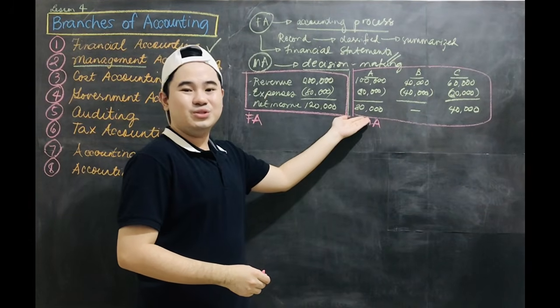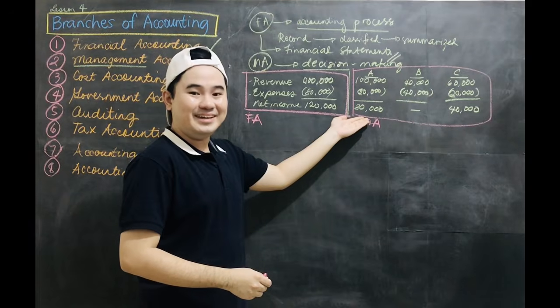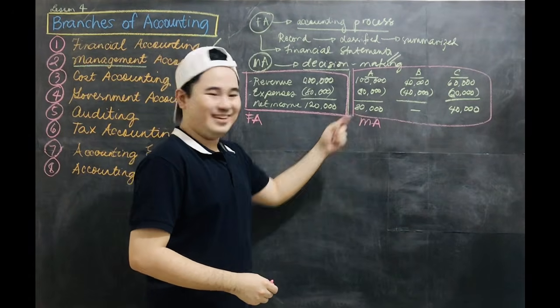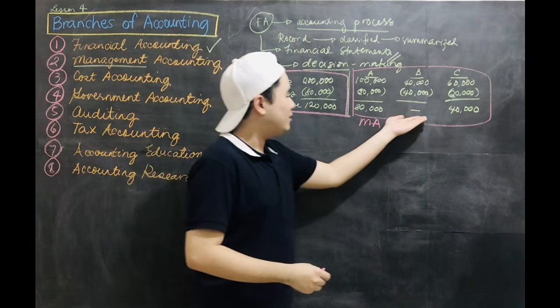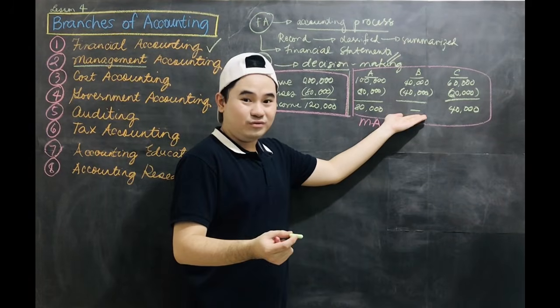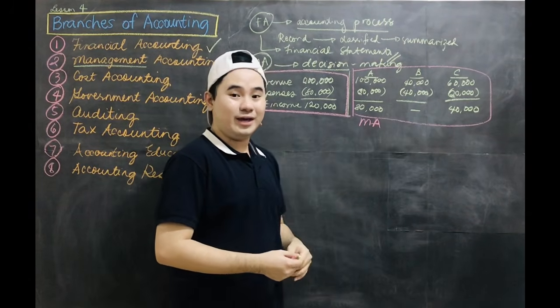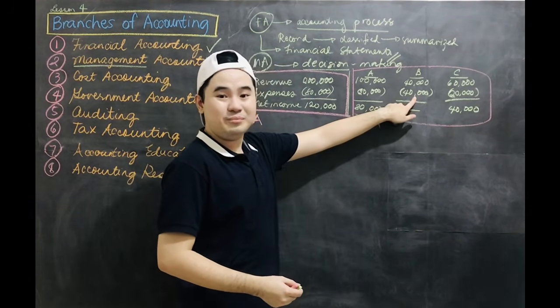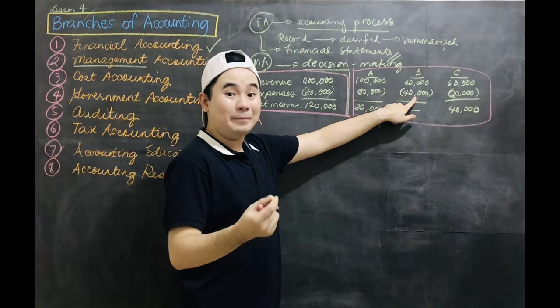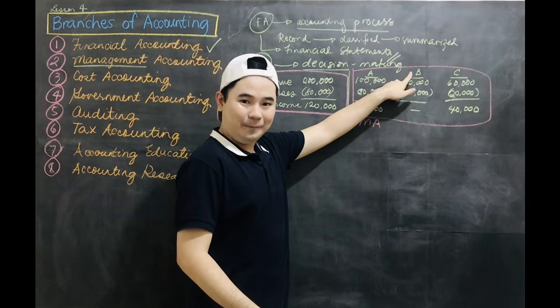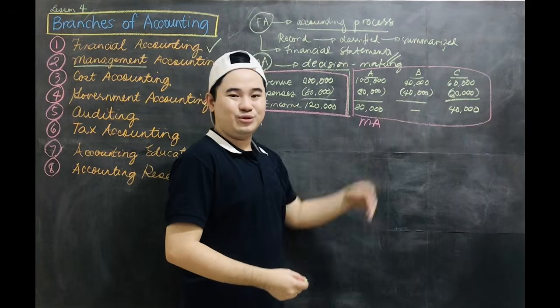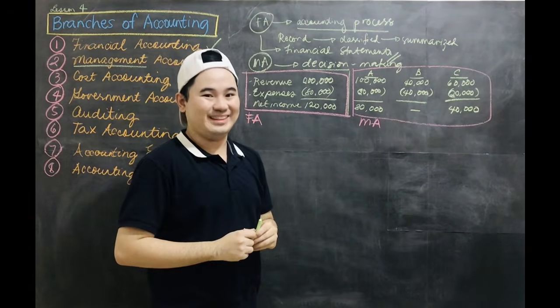We need to continue strengthening product A because it's doing good. But we need to improve our product B, and we need to know the basis why we have a big expense in product B, so that it can also give us a high amount of net income.